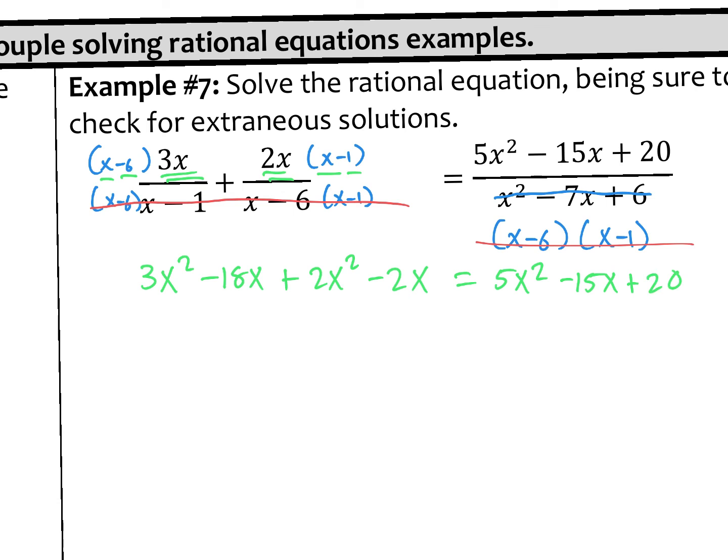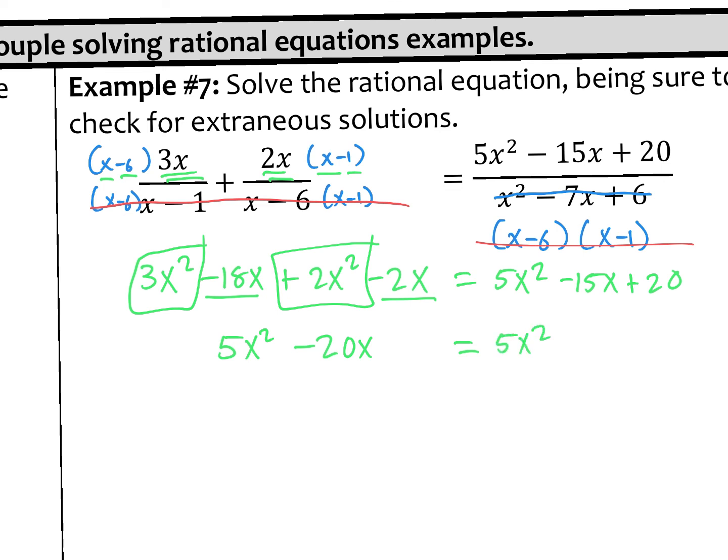Okay, let's go ahead and combine like terms on the left. 3x squared plus 2x squared is 5x squared. Negative 18x minus 2x is minus 20x, equals 5x squared minus 15x plus 20.